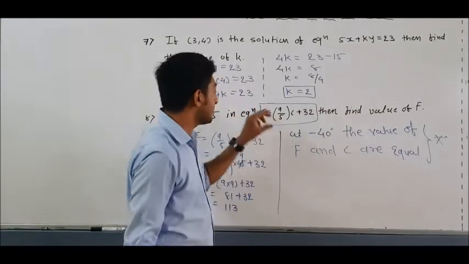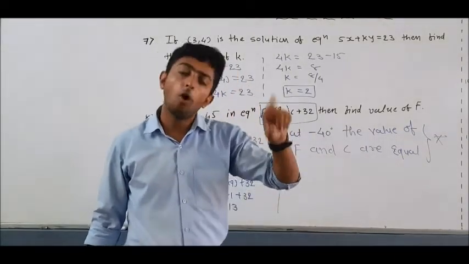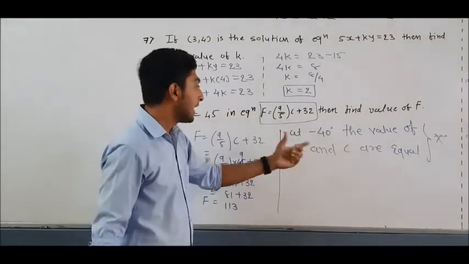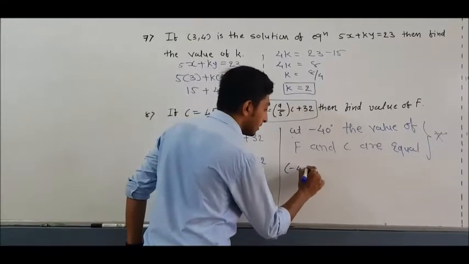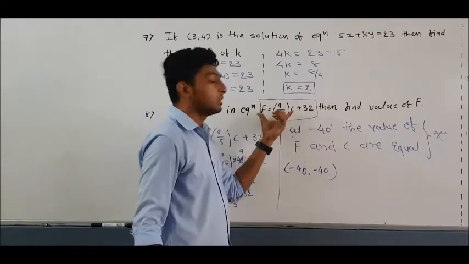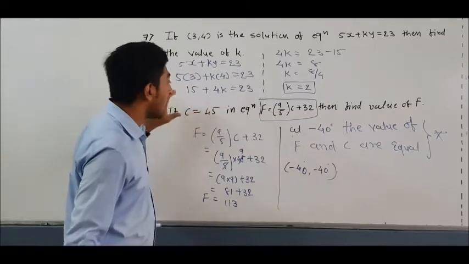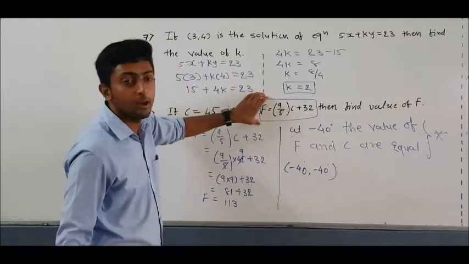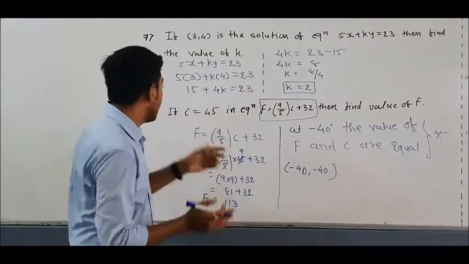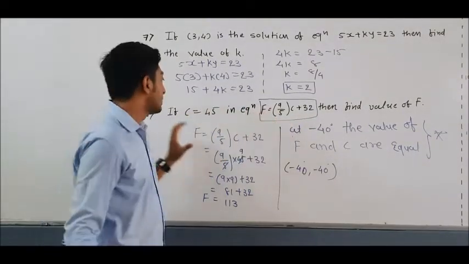At minus 40, that is if you substitute F equal to minus 40, you will get the answer C equal to minus 40, or if you substitute C equal to minus 40, you will get F equal to minus 40. That means at minus 40, both the values of F and C are the same. So this is the question of how to find C if the formula is given, F equal to 9 by 5 C plus 32. On the other side, if F is given, then you can find the value of C also. So this is the question.